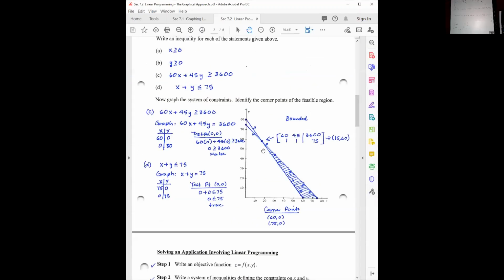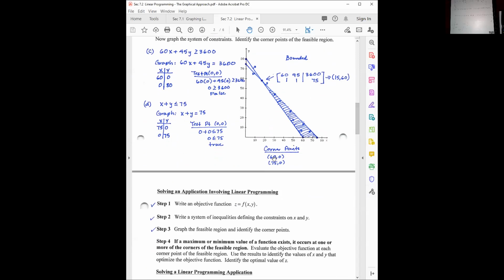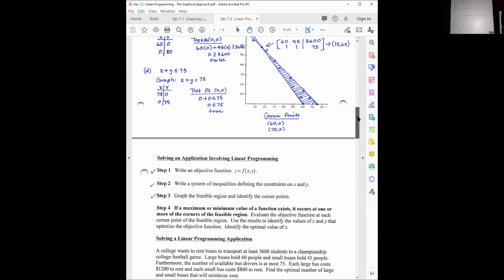They graph it by hand, which is a real pain, but we already got these points. We already know what these corners are, thanks to the grapher. Corner points are 60, 0, which is right there; 75, 0, right? We already have that. And the intersection, technically you need to do some algebra to find it, but thanks to our grapher, 15, 60, it's right there.